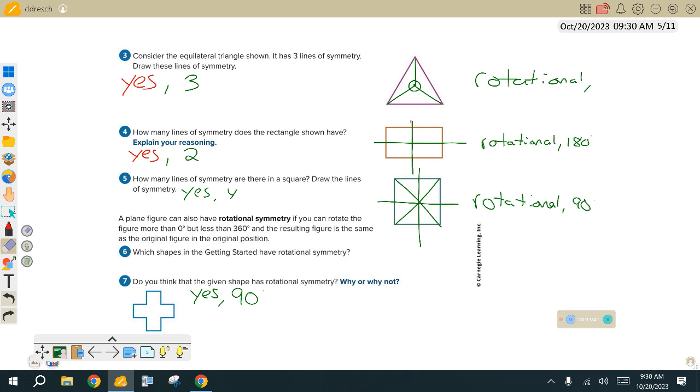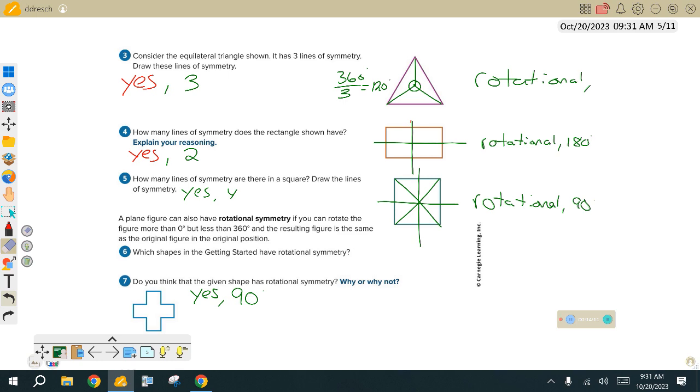So what is 360 around the center divided by 3? 360 divided by 3 is 120. So what this has just found us is the degree of rotation around that center point. Each individual angle right there is 120 degrees.